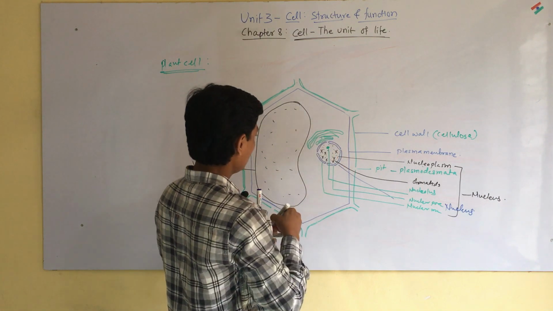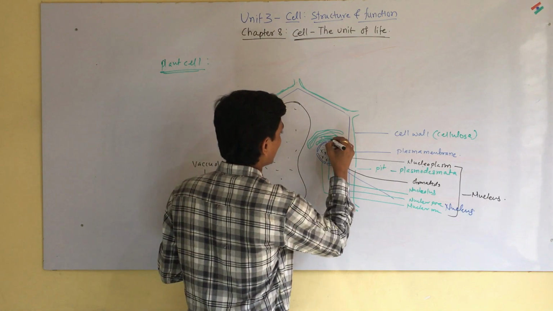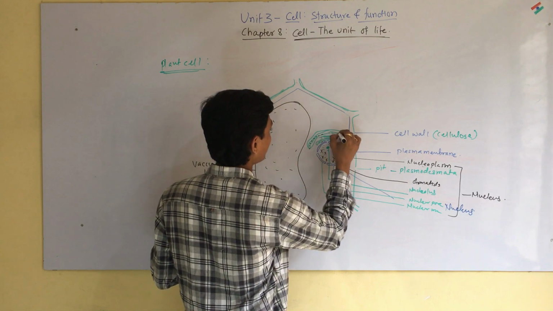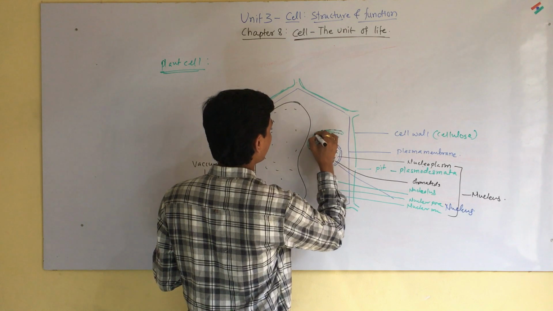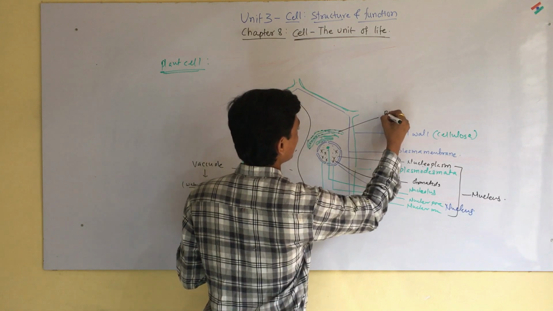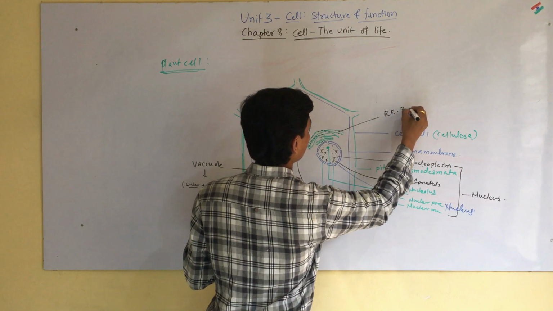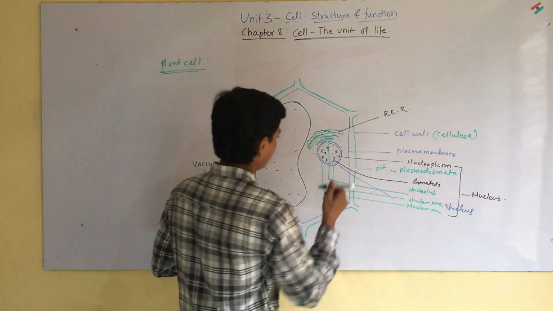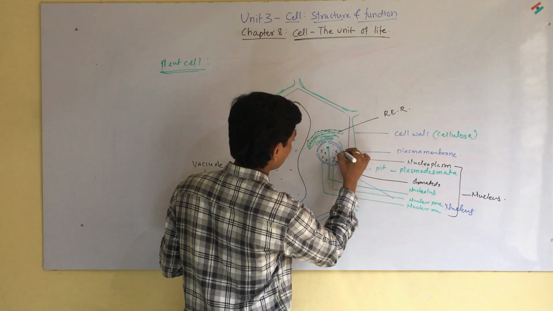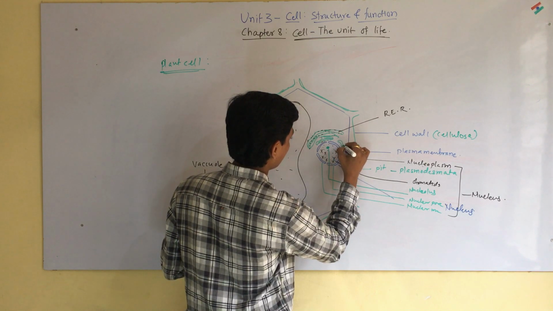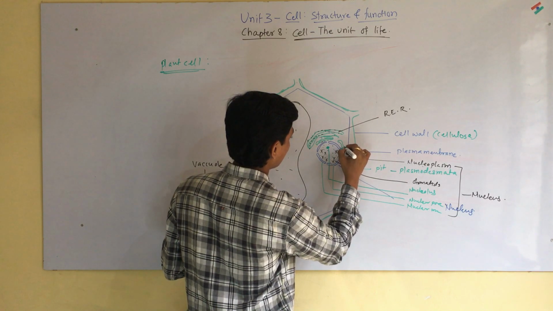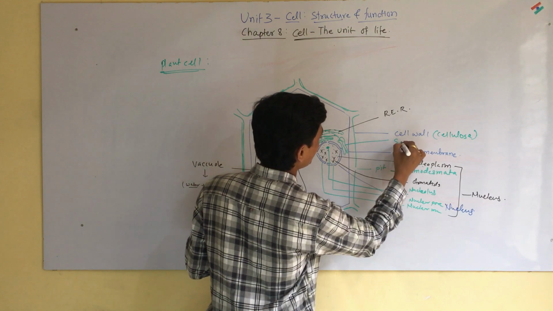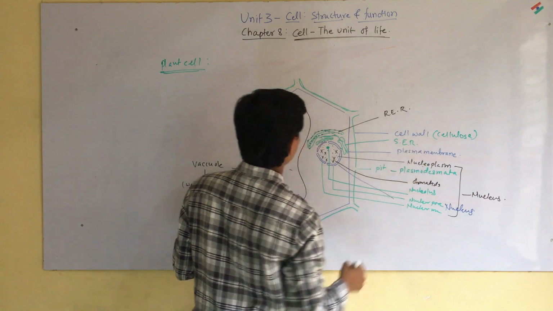As we know, if ribosomes are present, then the surface of endoplasmic reticulum becomes rough, so it is known as rough endoplasmic reticulum, RER. And if the surface does not have ribosomes, it is known as smooth endoplasmic reticulum.